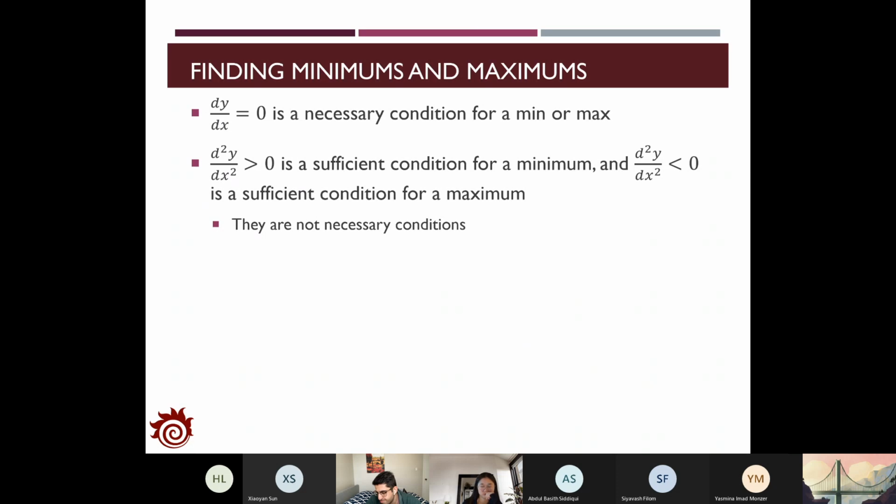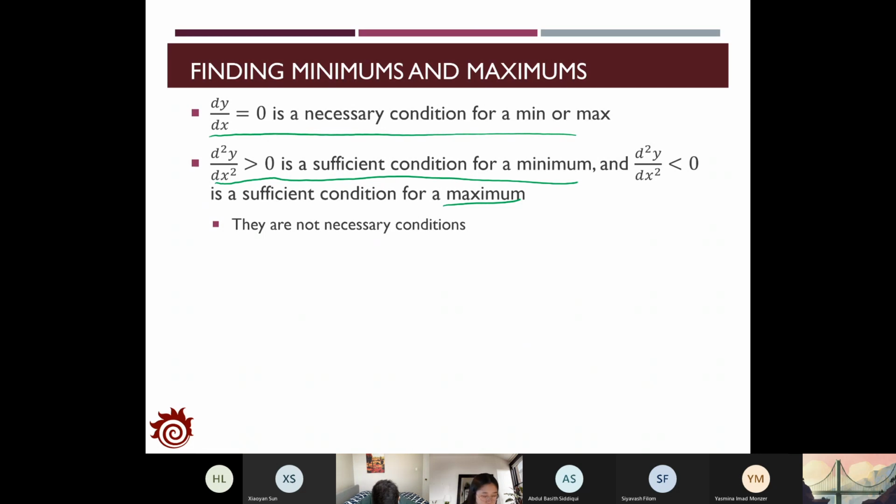The other thing is that dy over dx equal to 0 is not necessarily the minimum or maximum value; it could be an inflection point. If the second order derivative is positive, then we can be sure the point is a minimum value. If it's smaller than 0, it's a maximum value.